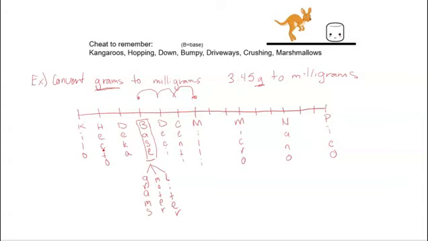So when we look at our number, we've got 3.45. So we're going to have to move our decimal to the right 3 spaces. So we're going to end up with 3,450 milligrams. That's our answer. 3,450 milligrams.